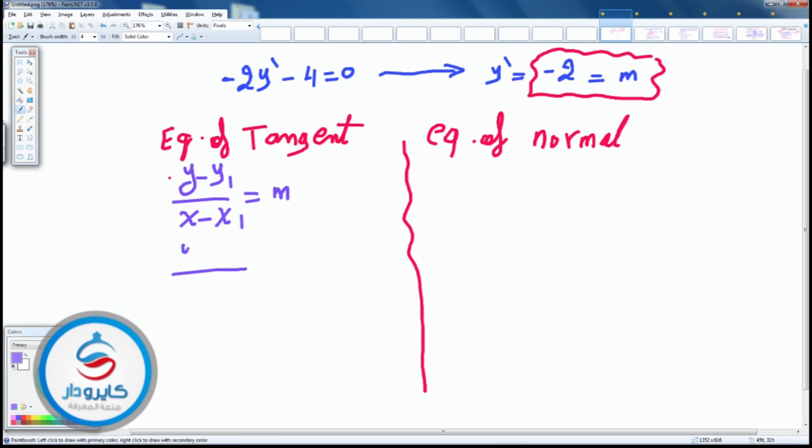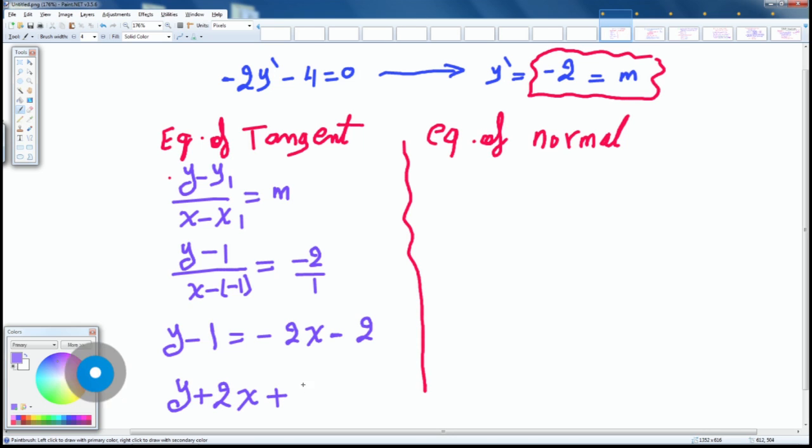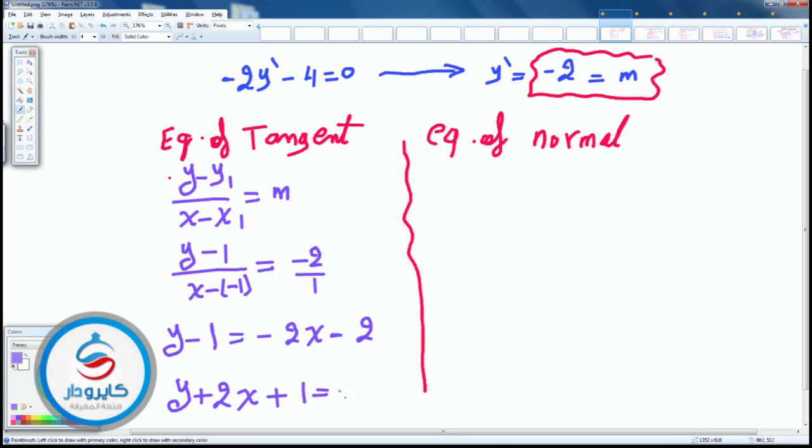So we substitute the point: y minus 1 over x minus negative 1, which will be plus 1, equals slope negative 2. Make cross multiplication. We get y minus 1 equals negative 2x minus 2. Finally, we get y plus 2x plus 1 equals 0, and this is the equation of the tangent.